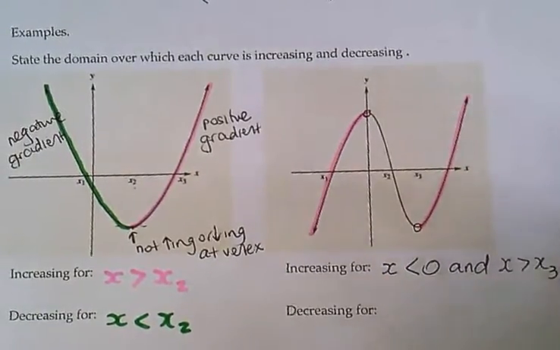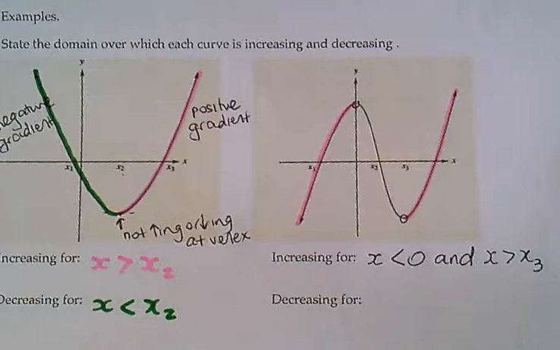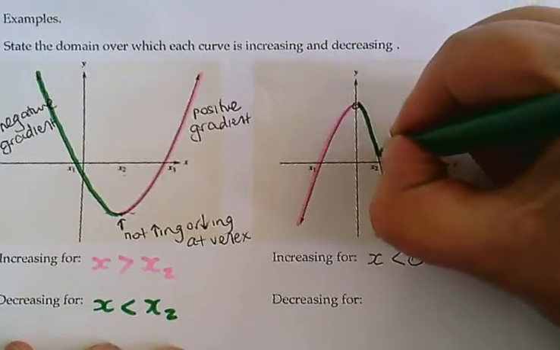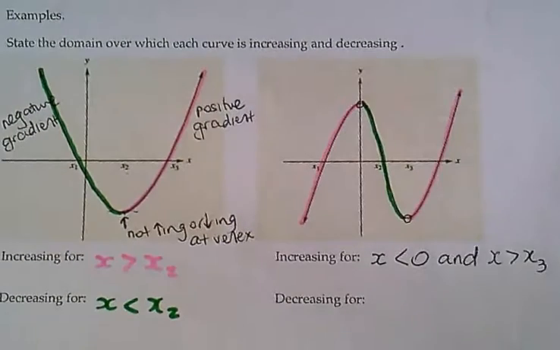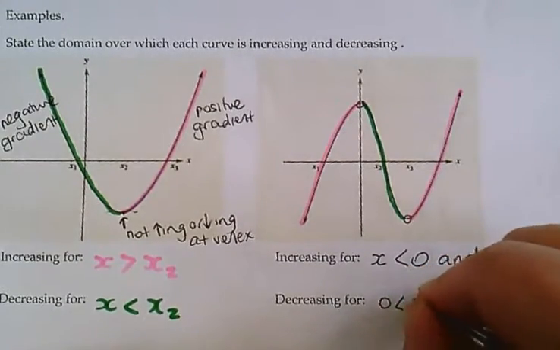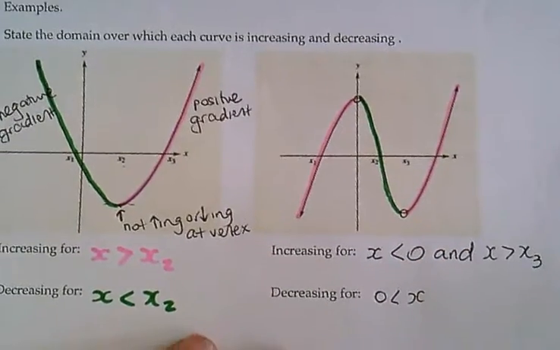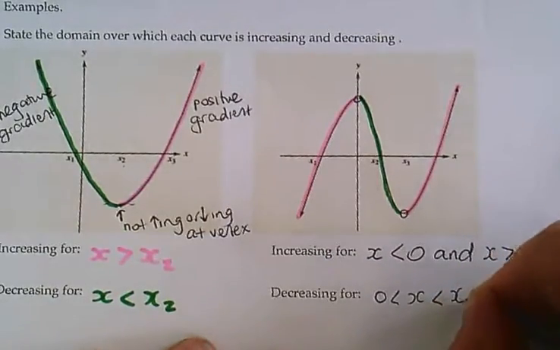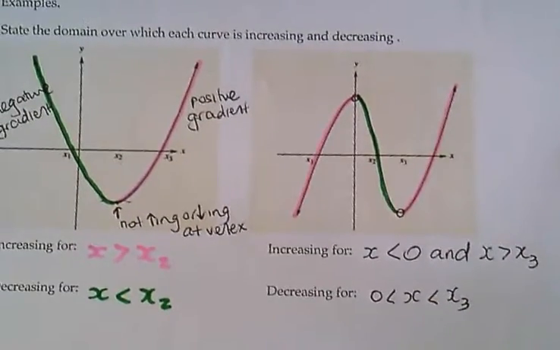X sub 3. Good. Very good. And decreasing here, it's going down between which values? It's decreasing for, well, x is bigger than 0, but it's less than x sub 3. Good. Very, very good.